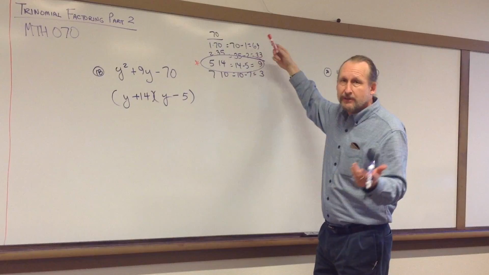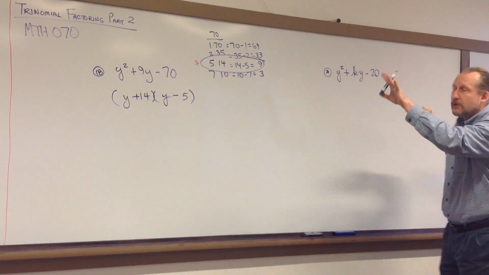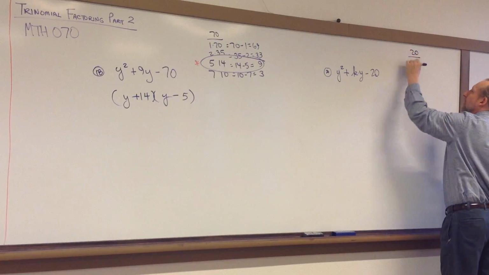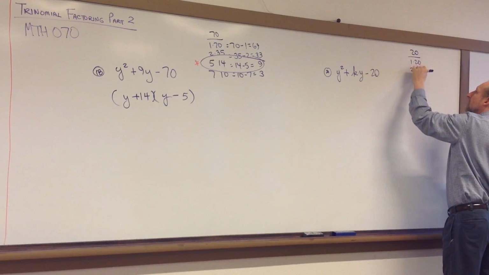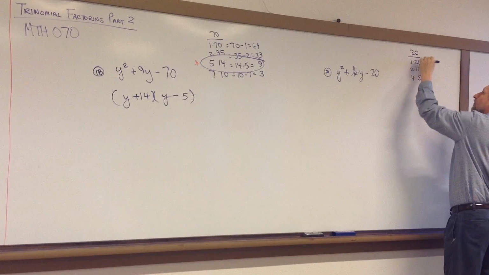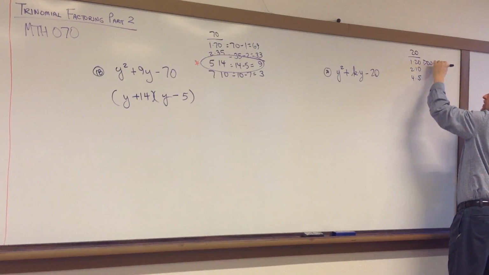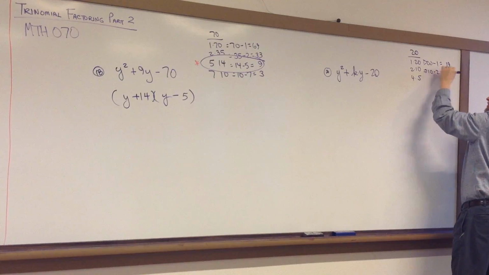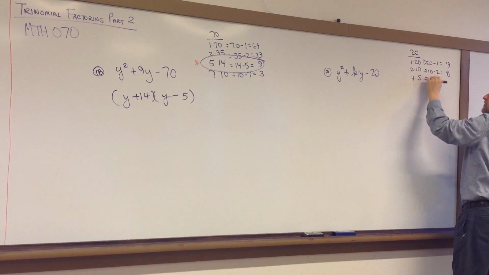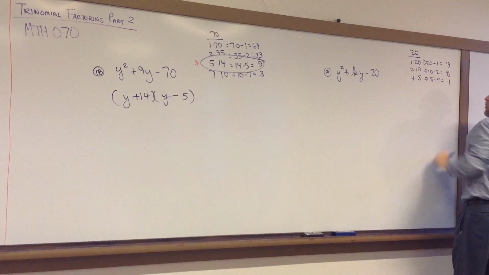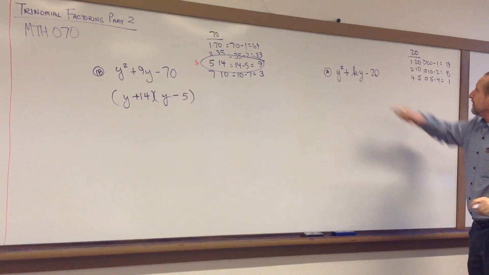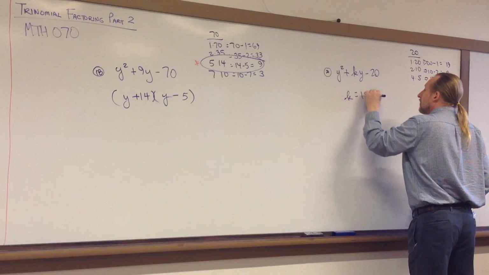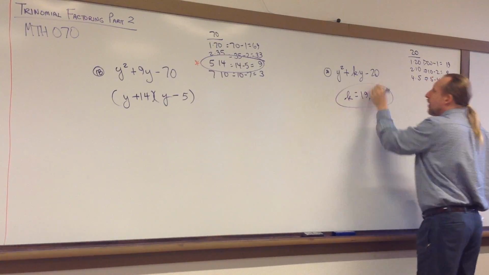In this problem, all of them is the whole point. For 20, you could have 1 times 20, 2 times 10, or 4 times 5. Let's see, 10 minus 2 is 8. 5 minus 4 is 1. So for this to be factorable, k could be 19, or 8, or 1.